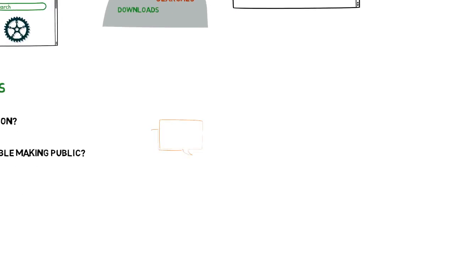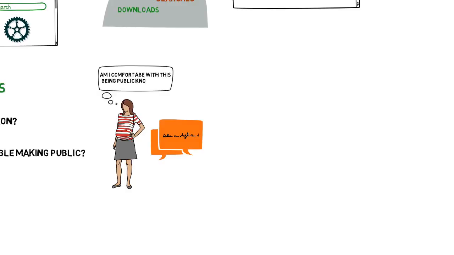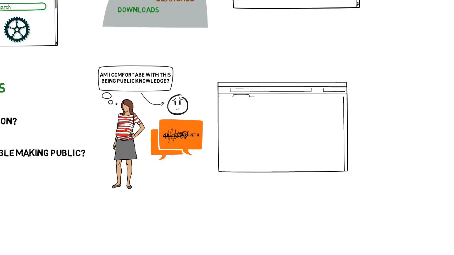When you post something on a site, be it Facebook, a blog, or an academic networking site like ResearchGate or ImpactStory, ask yourself, am I comfortable with this being public knowledge? If you are not comfortable with information being public, think twice before posting it. Networking sites will have privacy settings that you can customize, controlling how people access your information.